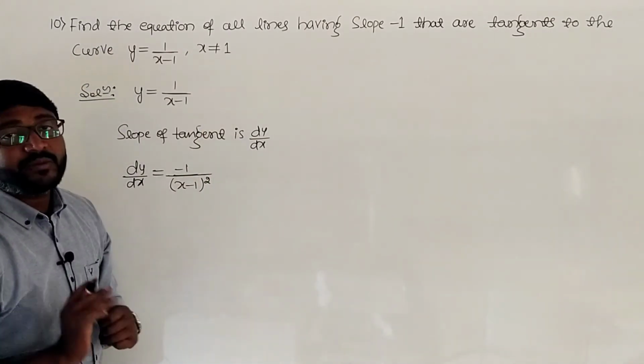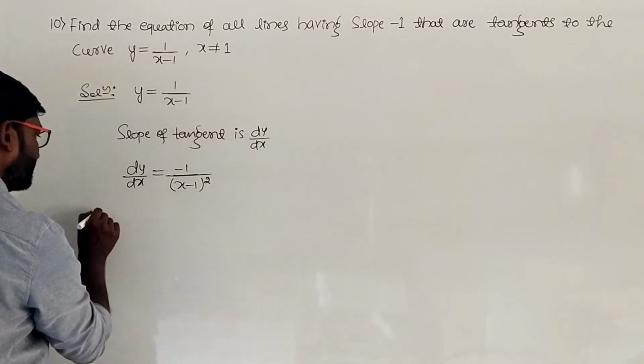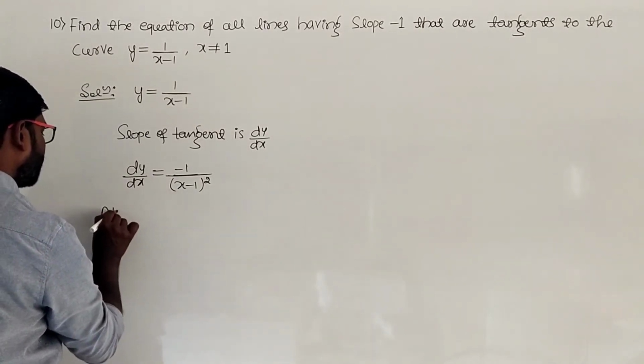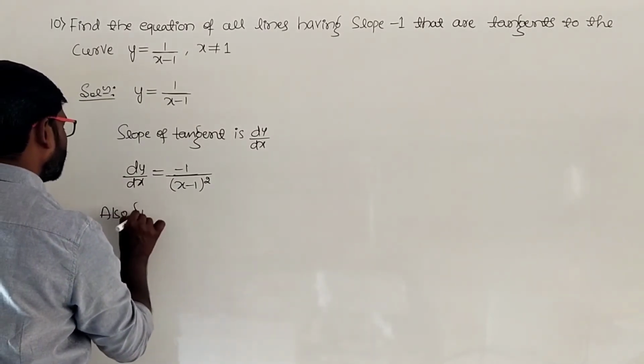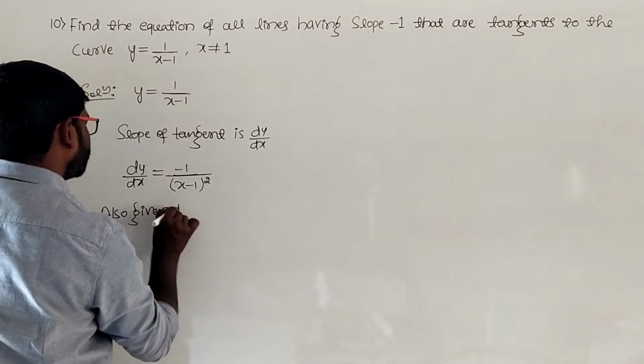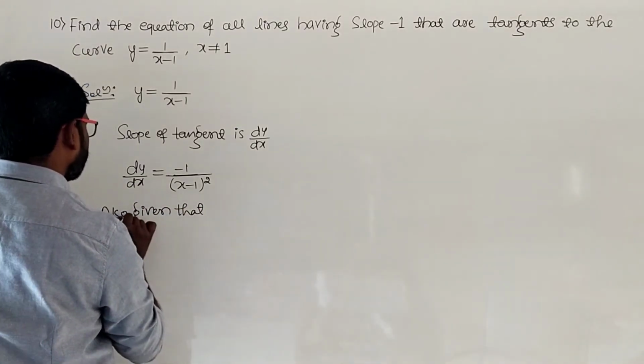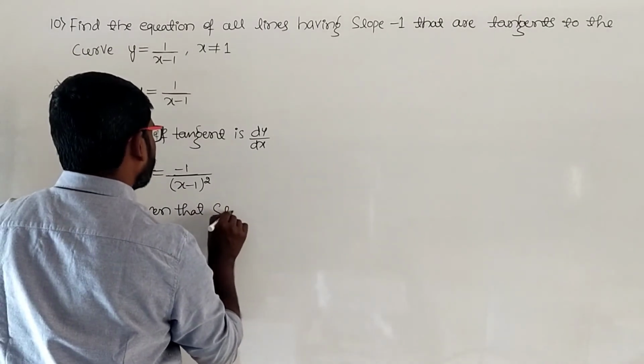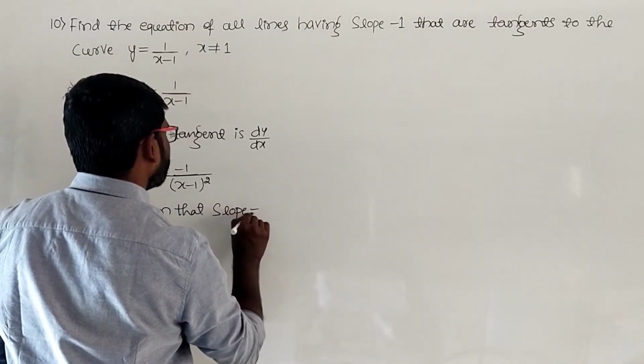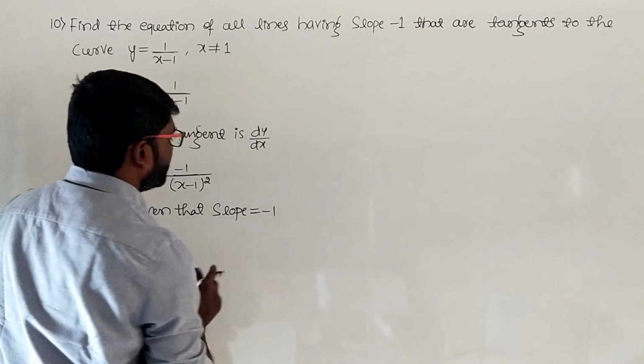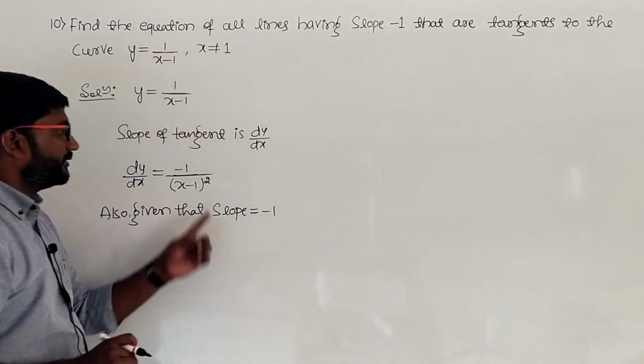But he has given the slope as minus 1, slope equal to minus 1. So now we will have to equate these two.